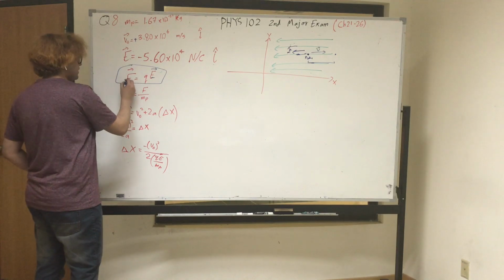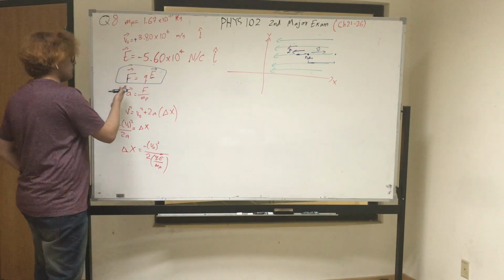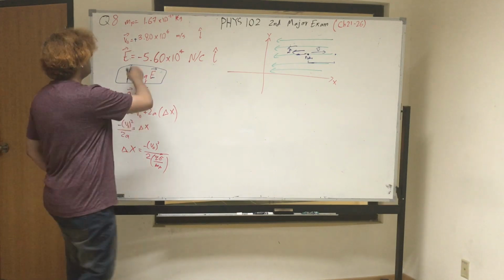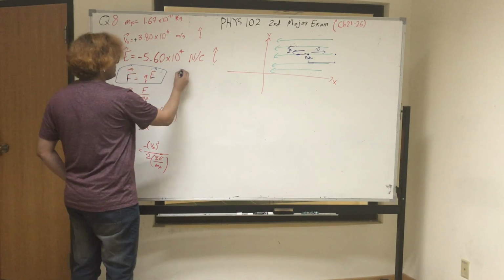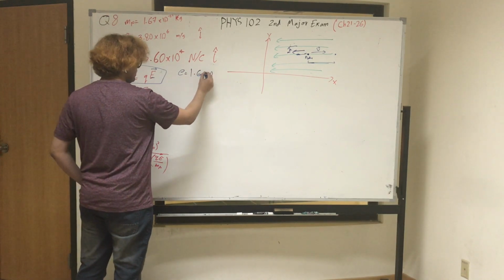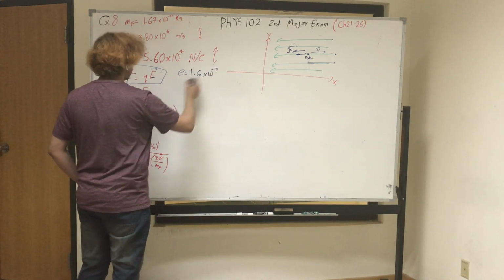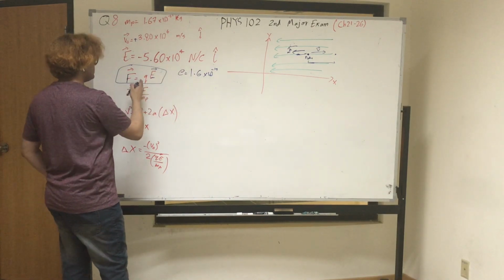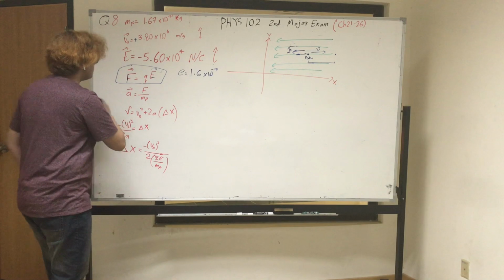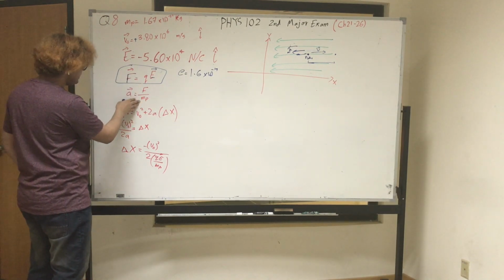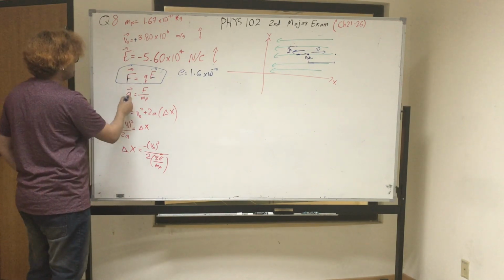The force by the electric field is equal to the charge times the electric field. The charge of the proton is a well-known number, the fundamental charge, which is 1.6 times 10 to the negative 19. If you multiply this charge by the electric field, you're going to get the force. Once you get the force, you divide the force by the mass of the proton, and you get the acceleration.